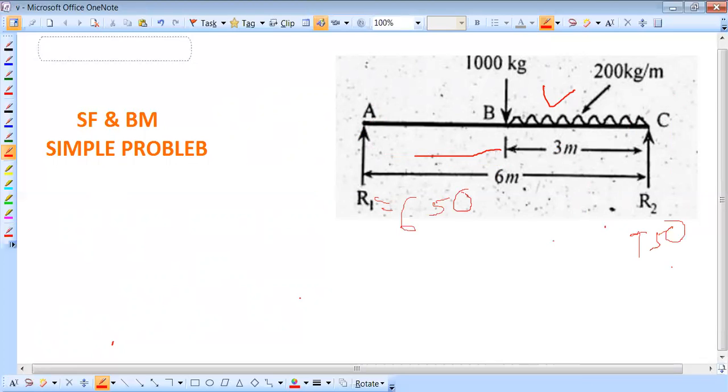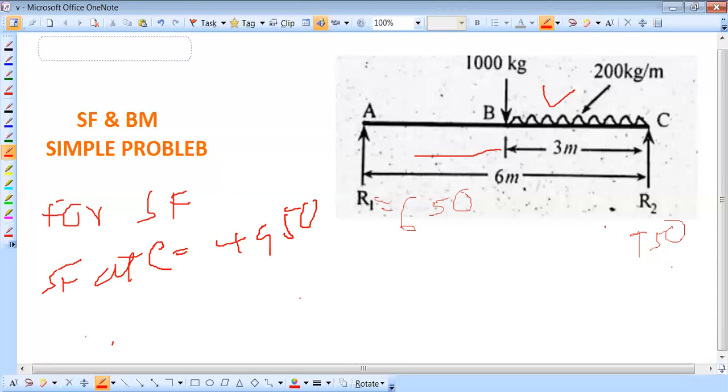Then for SF, SF at A, not A, actually C. SF at C is equal to plus 950.